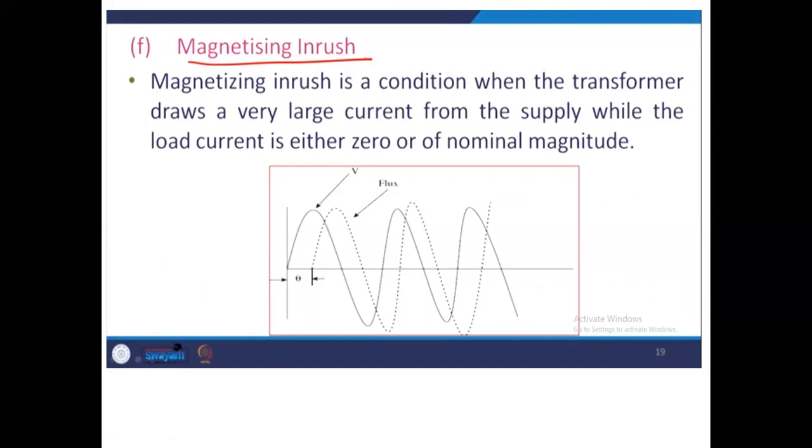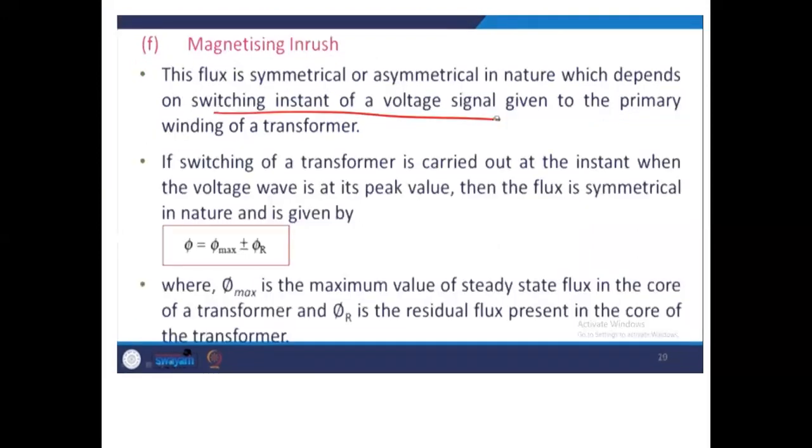If the switching of the transformer is carried out when the voltage wave is passing through its peak value, here its peak value, then the flux established in the core of the transformer is symmetrical in nature and is given by phi maximum plus or minus phi r, where phi maximum is the maximum value of steady state flux established in the core, and phi r is the residual flux in the core.